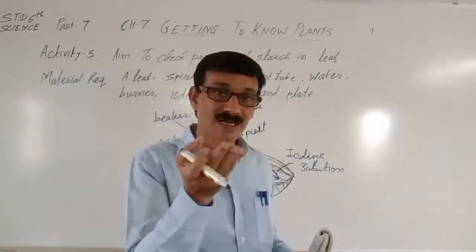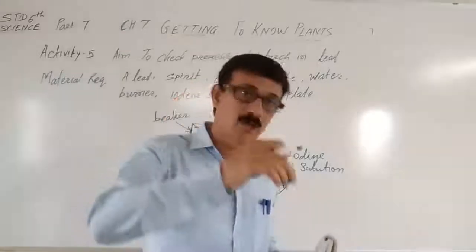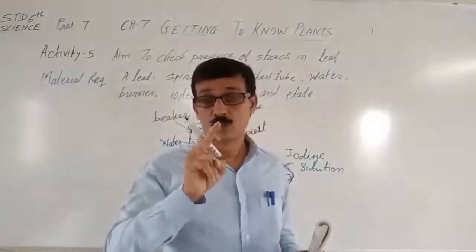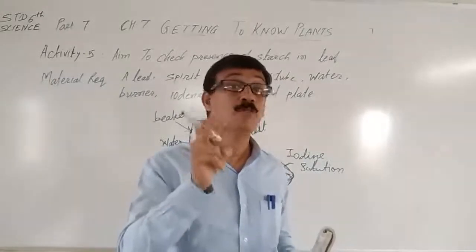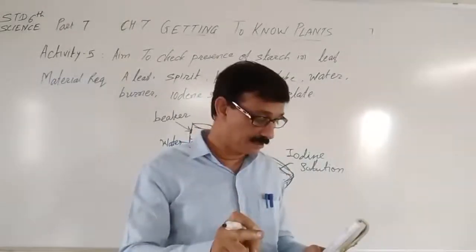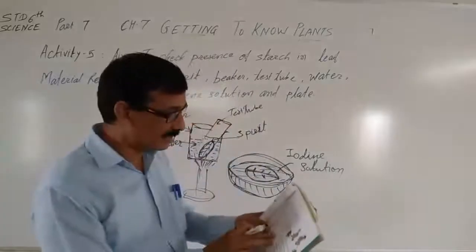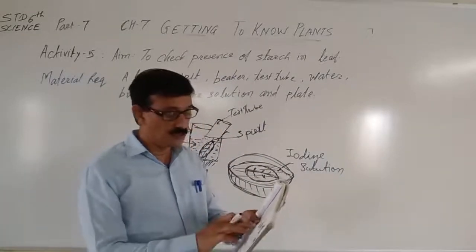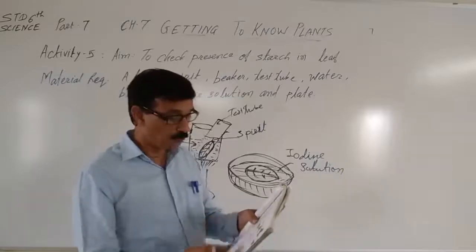We cut that potato, and on the potato we put some drops of iodine, and that iodine solution turns blue-black. You must be aware of that. And that is why they are telling us to compare your observations with those done in chapter 2.